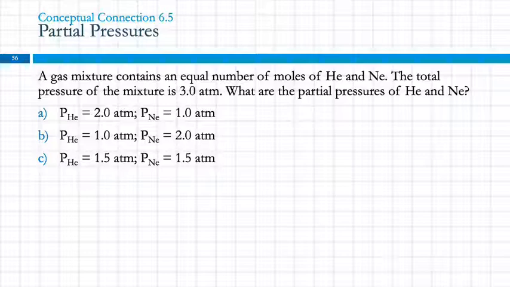And the percent of neon would be 50%, because they're equal, right? So then their mole fractions are 0.5 and 0.5. And if their mole fractions are equal, then what are their partial pressures? Also equal, right? So what's the answer? C. Any questions about that?